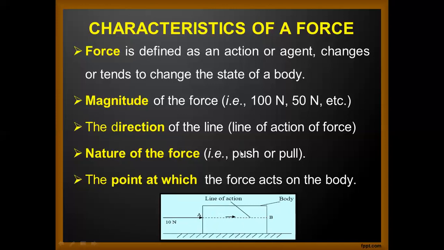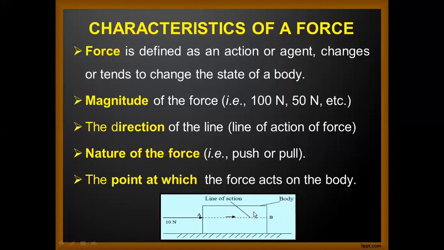That is a push. It is going to push the body. In the same way, if the 10 Newton force is acting along the opposite direction, moving away from the body, that is called a tensile force, or it is also called a pull.